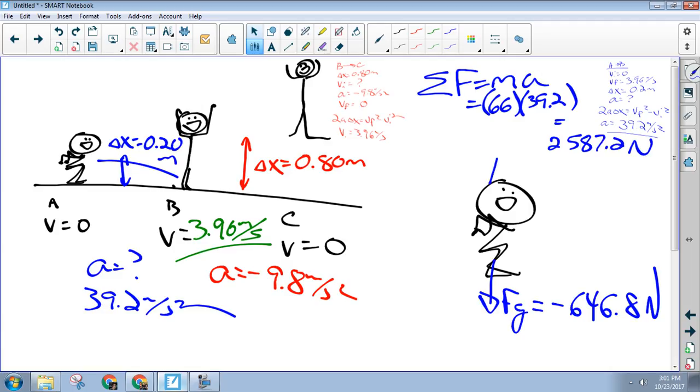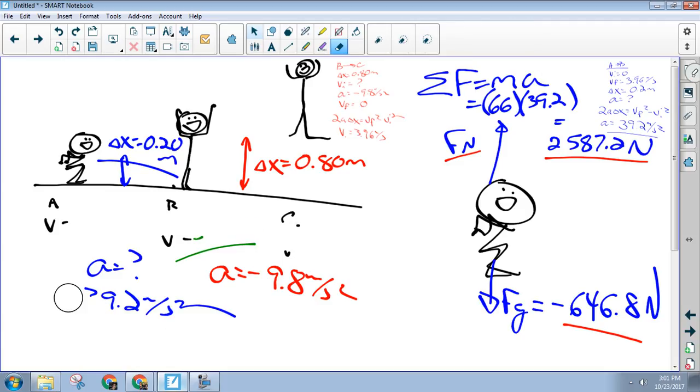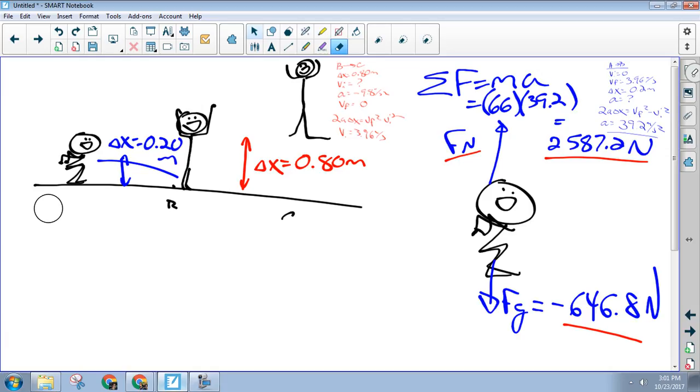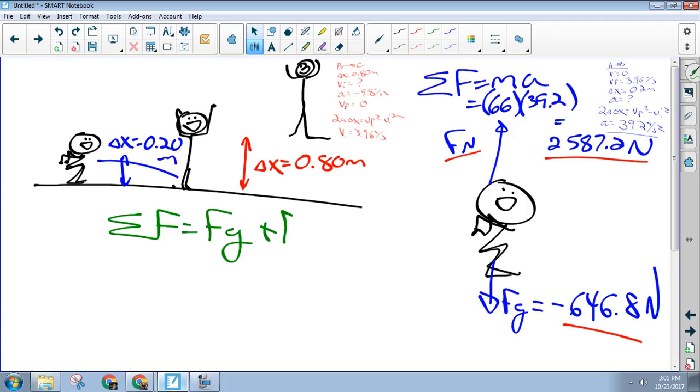So now to find my normal force, we're going to do normal force plus gravity equals net force. Let me write it out. Net force equals gravity plus normal force. So let's see, our net force is 2,587.2.